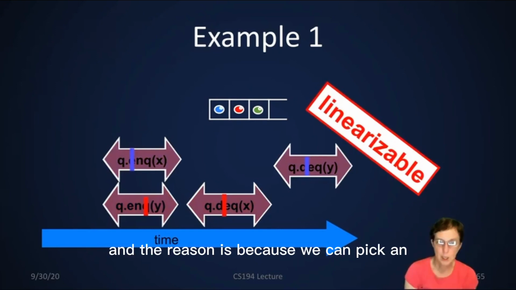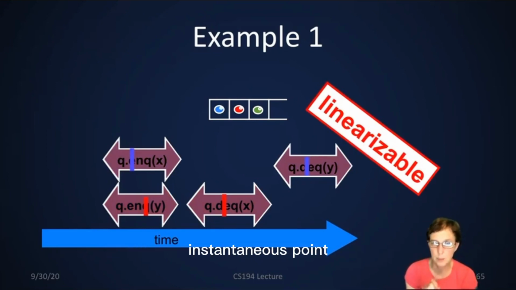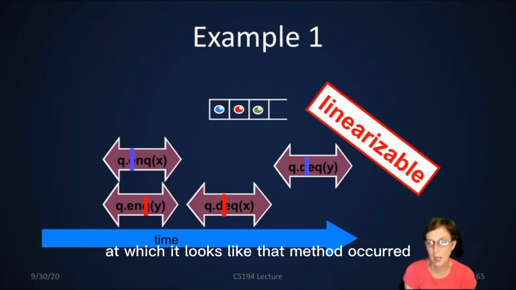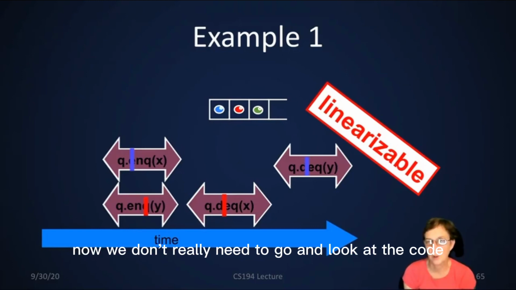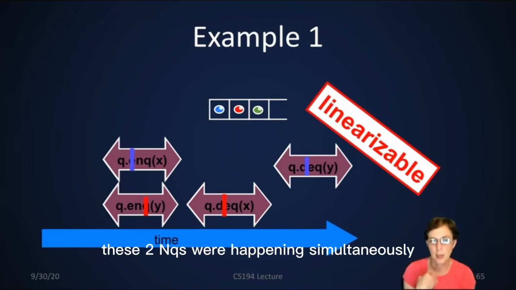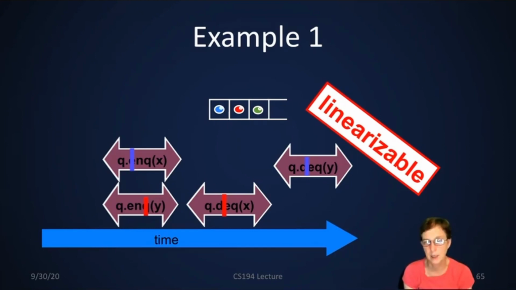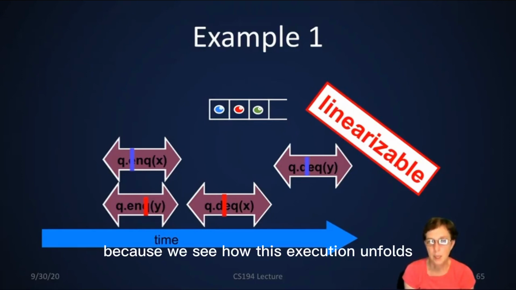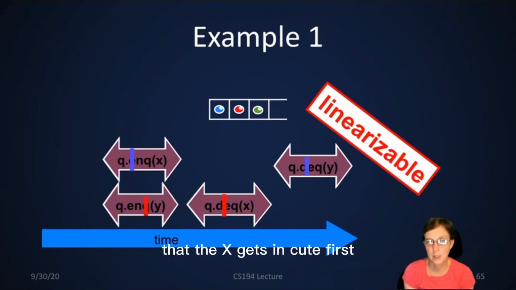And the reason is because we can pick an instantaneous point somewhere in the execution of each one of the methods at which it looks like that method occurred. And we don't really need to go and look at the code. We can look at the fact that in this timeline, these two NQs were happening simultaneously, overlapping in time. They started together. But we can just assume that because we see how this execution unfolds, that the X gets NQ'd first.